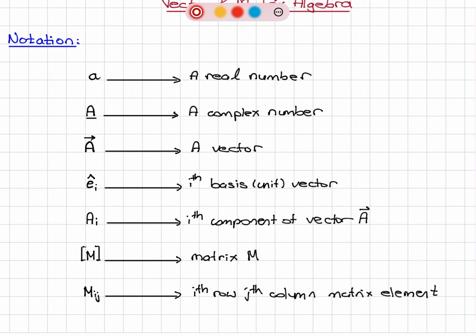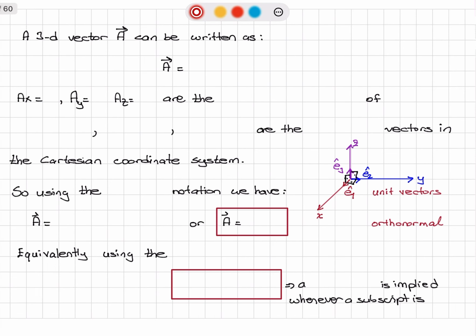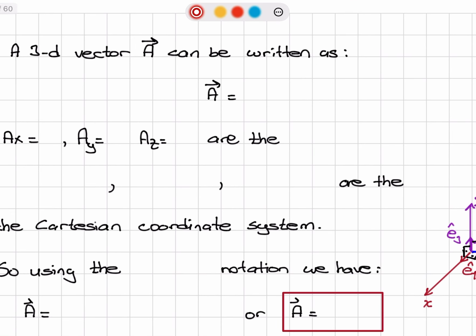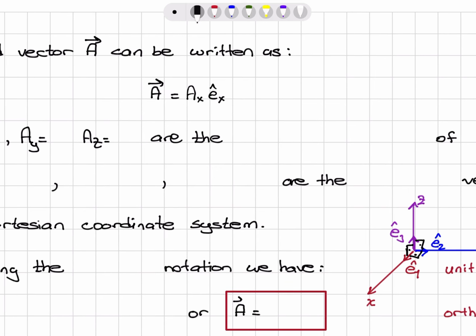All right. So with that, we can represent a three-dimensional vector A as its components: a sub x e sub x hat plus a sub y e sub y hat plus a sub z e sub z hat.